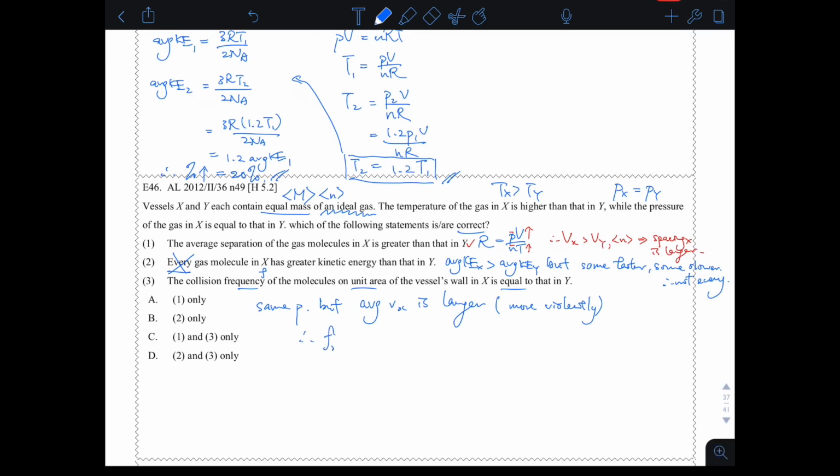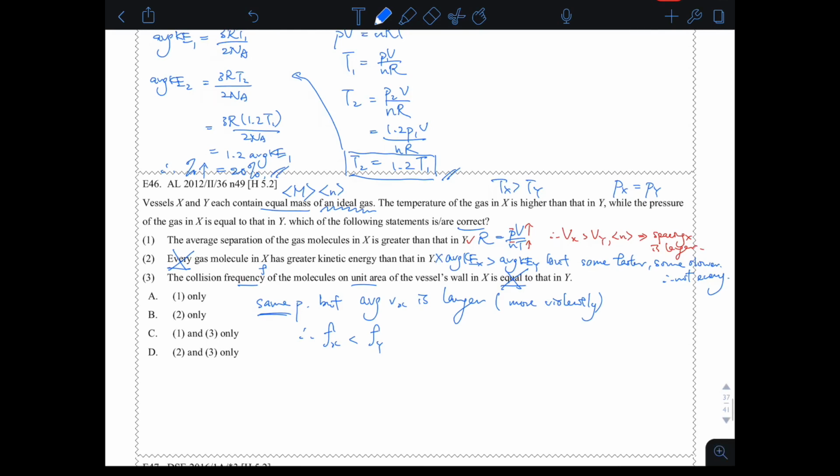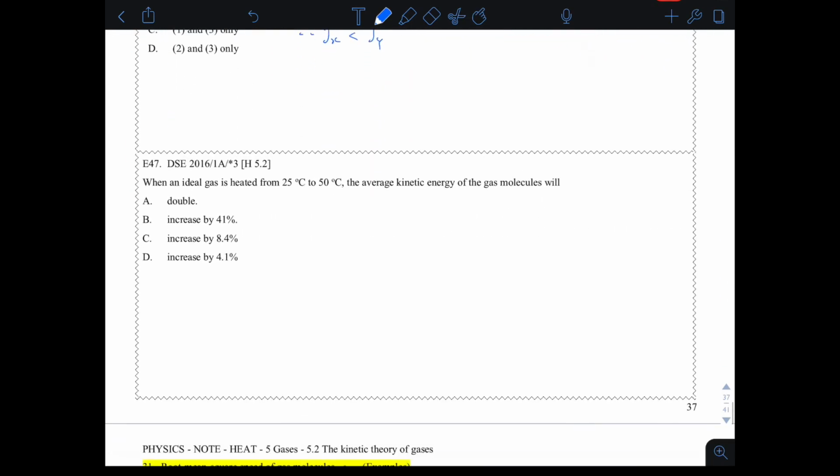That means the frequency for X must be lower than the frequency of Y in order to counterbalance that more violent hitting, so that at the end they can maintain the same pressure. Or you can also say that at the same time the volume is greater, so the frequency may be less. So equal is wrong. And then this is also wrong. Then the answer is only A here.